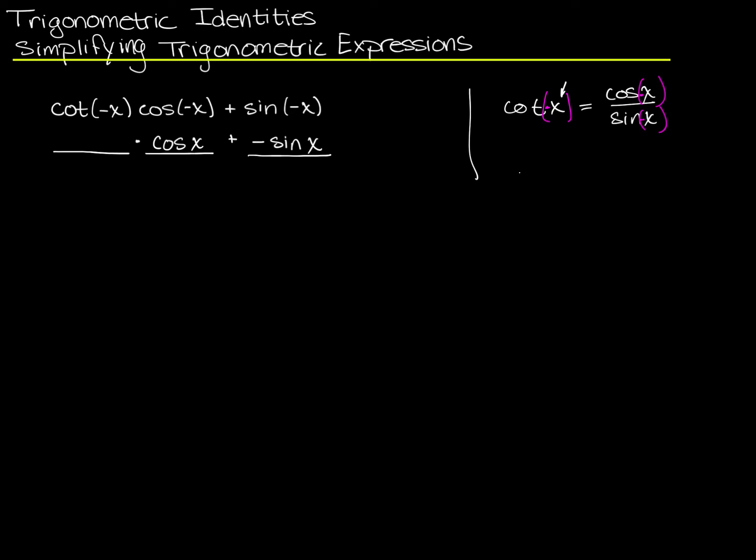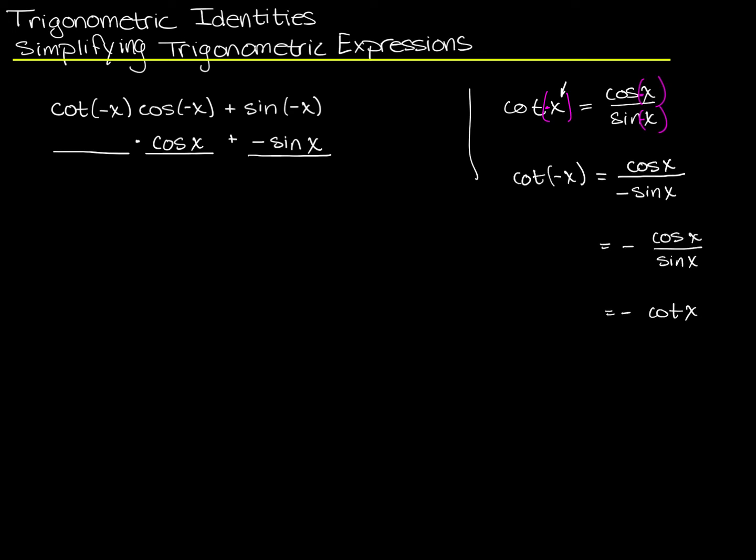So I now have that the cotangent of negative x is equal to the cosine of negative x, which I know to be the cosine of x, over the sine of negative x, which I know to be negative the sine of x.